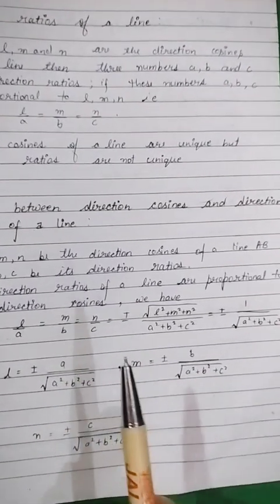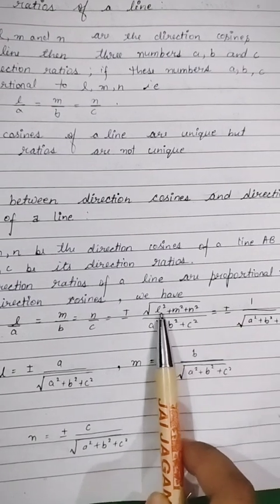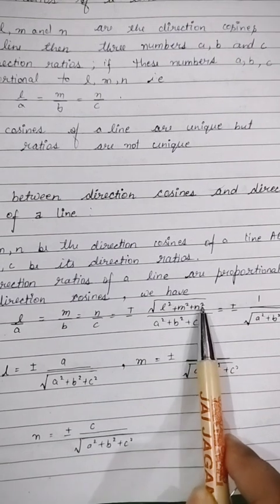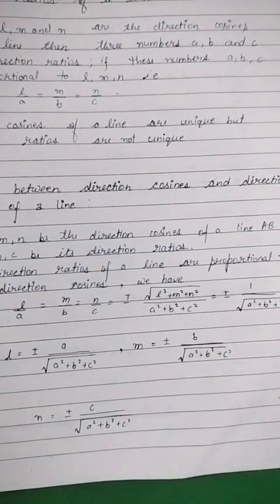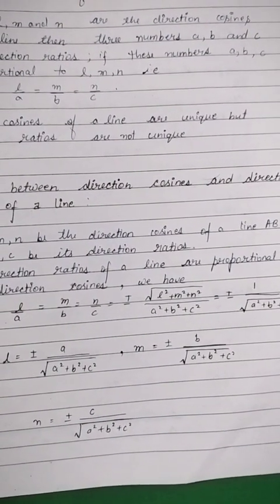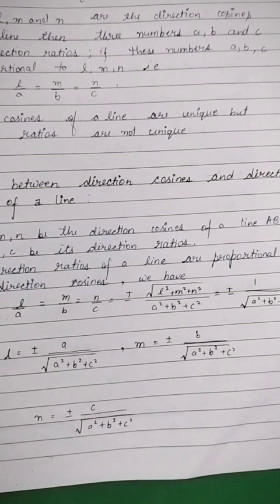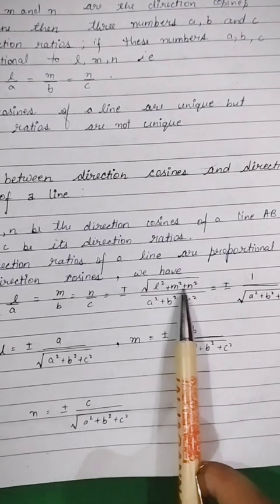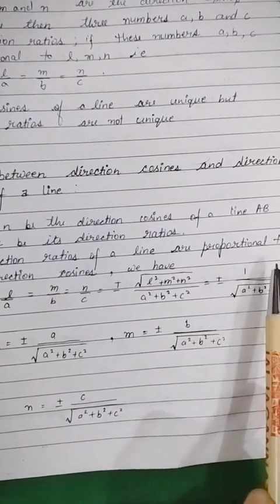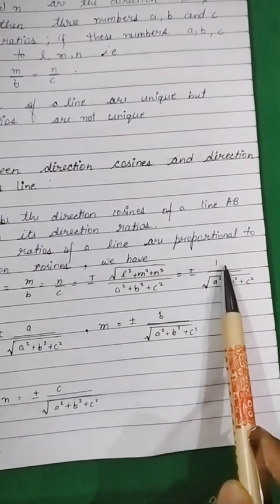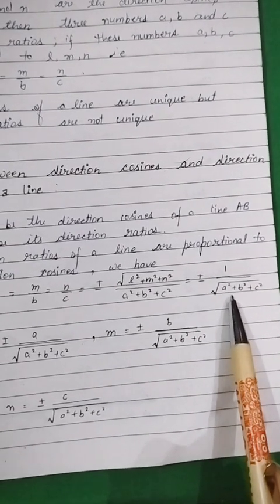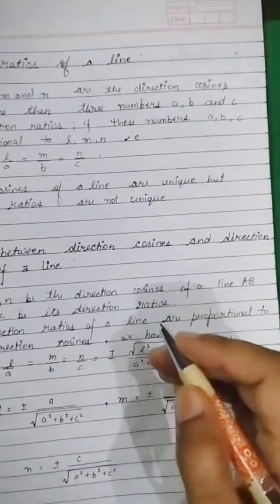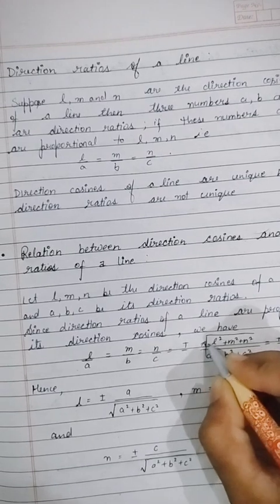The value of l square plus m square plus n square is 1, as we have seen in the previous section. Therefore, it will give us plus minus 1 upon under root a square plus b square plus c square. So this whole term is under a square root.